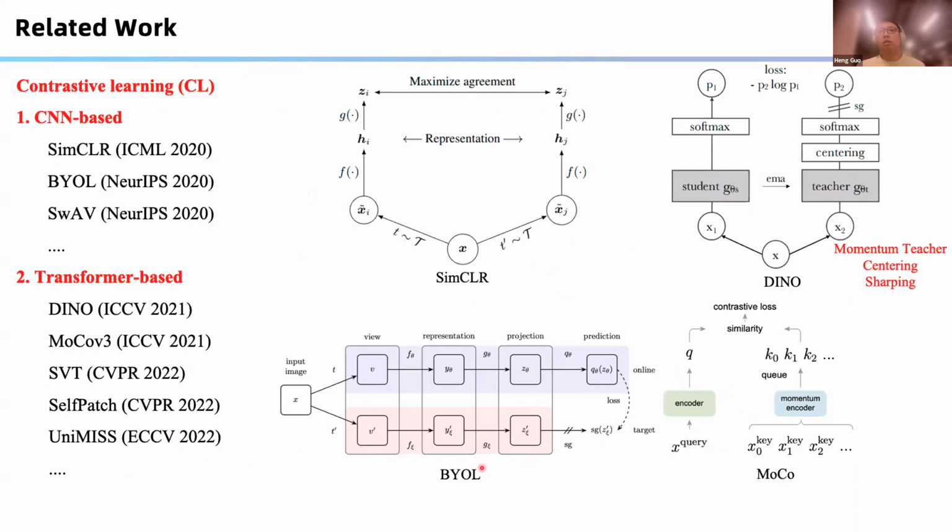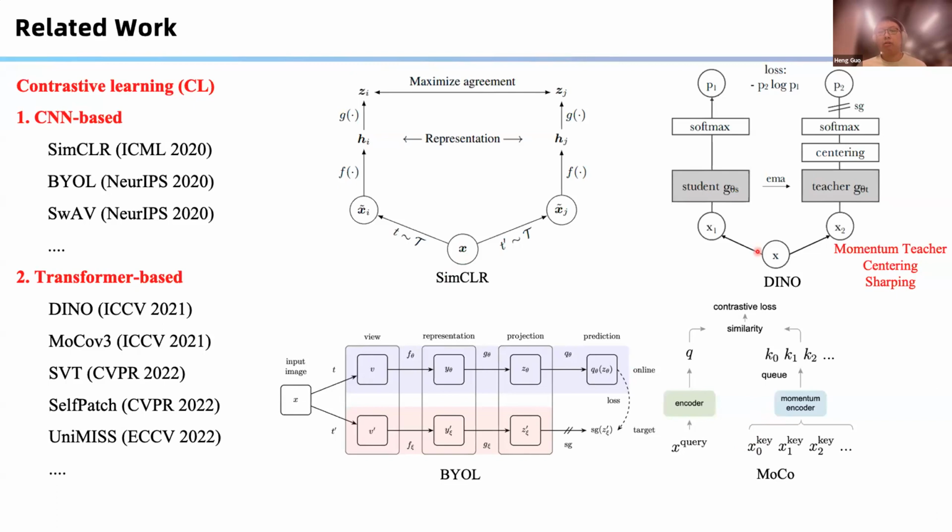SimCLR, MoCo, DINO, and BYOL. The core idea of SimCLR is to improve model performance by augmenting data with multiple views of the same sample and learning feature representations through contrastive loss. Earlier versions might suffer from model collapse, but MoCo introduced a momentum teacher strategy to alleviate this issue.